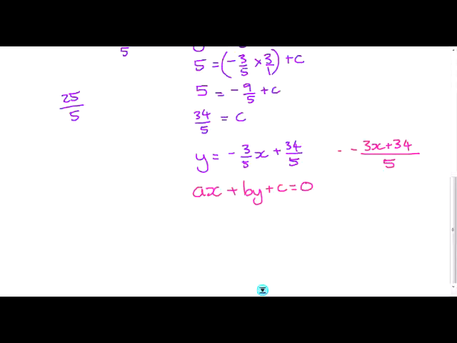So all we have to do is times by 5, and we get rid of the denominator. So we actually have 5y is equal to minus 3x plus 34. Now if we get it into this form, everything has to be on one side. So let's write it in this order. So it's going to be 3x plus 5y minus 34 is equal to 0.